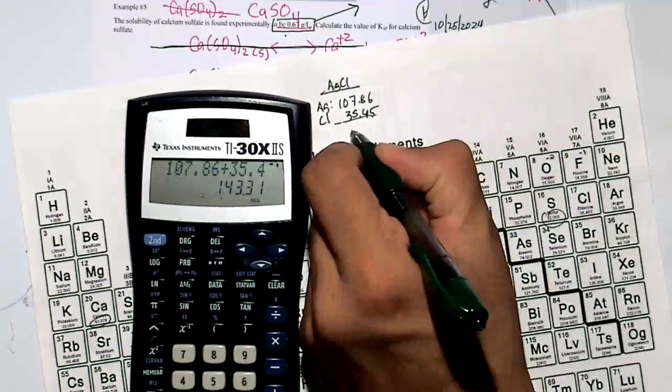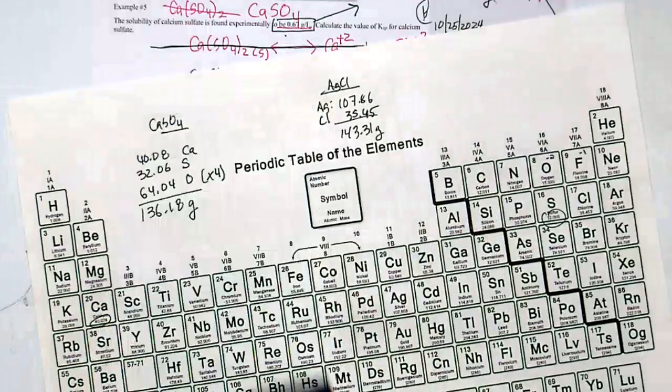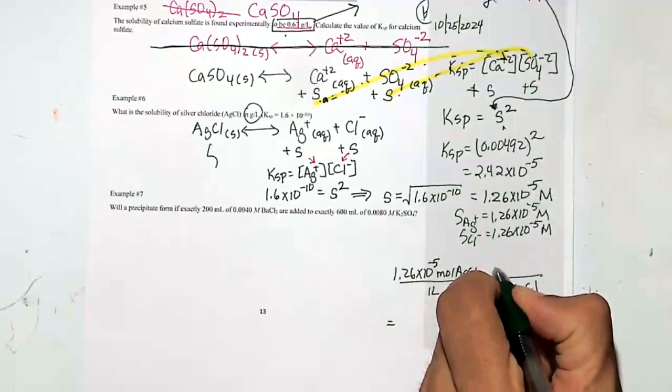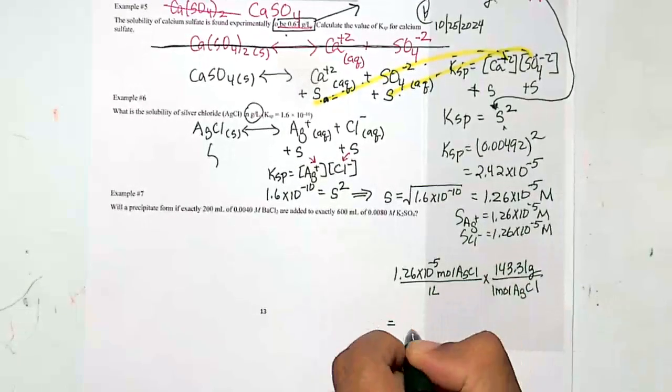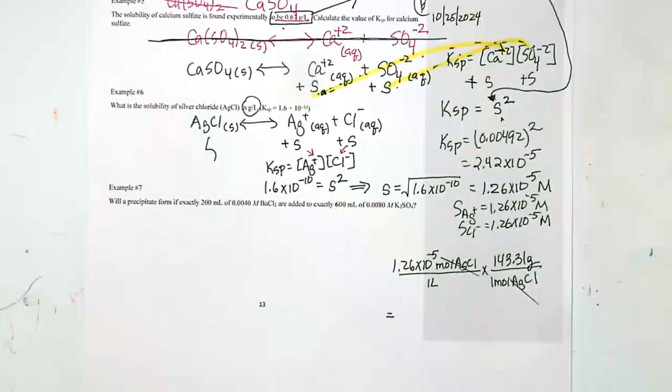About 143.31 grams are in 1 mole of AgCl. So the moles cancel, and then we'll go with grams over liters.